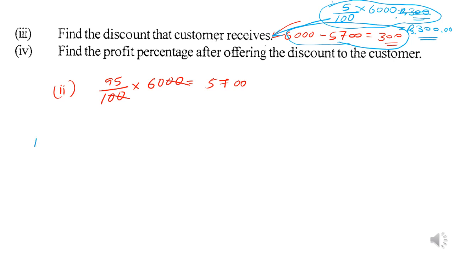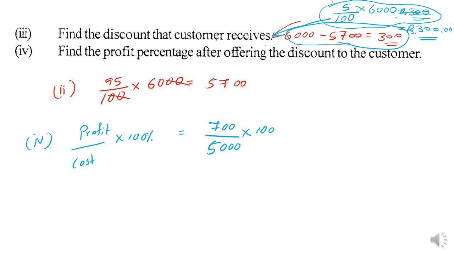Now the profit percentage is equal to profit over cost into 100%. So here you see profit is 700, right? And the cost is 5,000, and you have to multiply this by 100%, and you simplify like this.